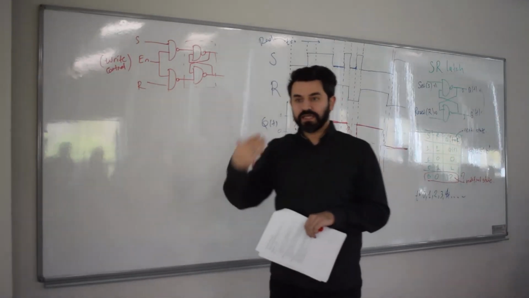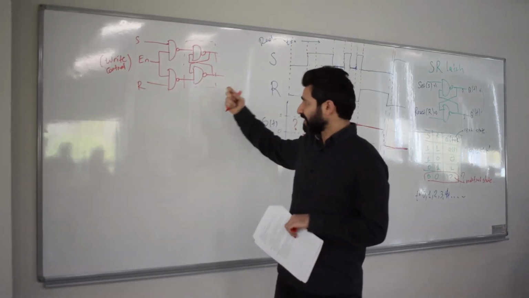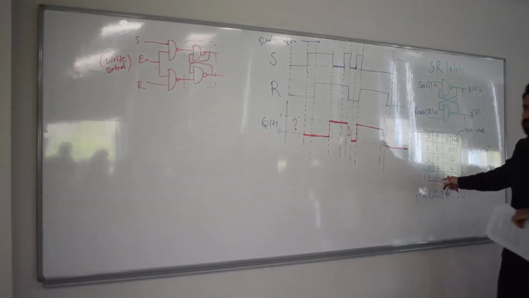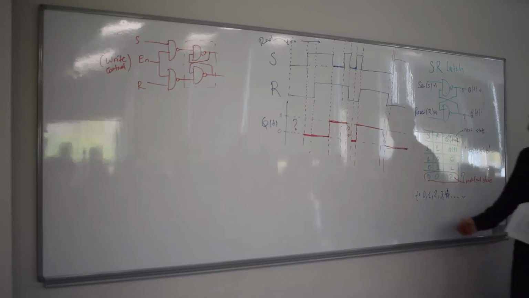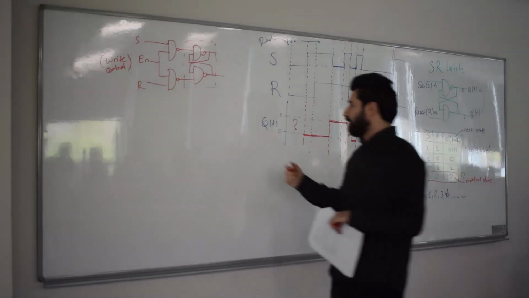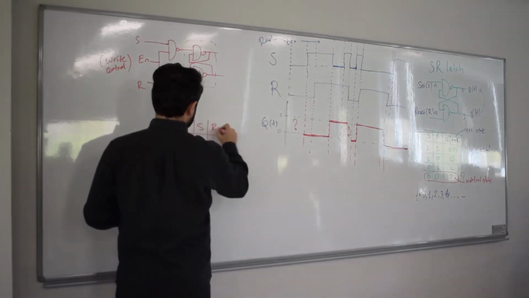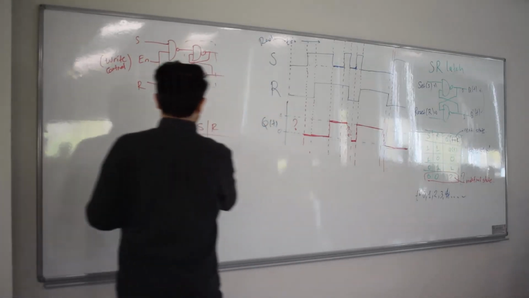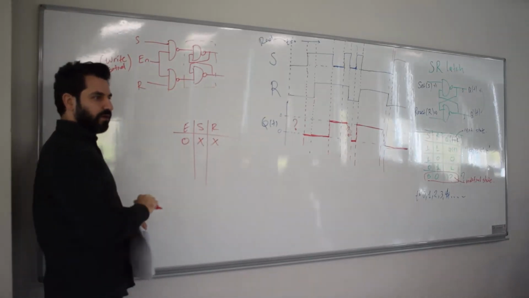Anyway, in our previous example, remember that we did have this undefined state. Okay, if you draw the same exact state diagram, you will realize that you will have an extra input E. All right, so I'm just gonna do it pretty quickly. So we got S and R. If E is 0, S and R don't matter, right?